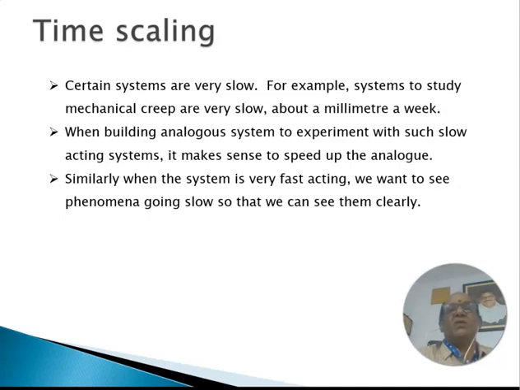In such a case, we want the electrical analog to be very fast. So if we want to study the phenomenon of creep and how things are behaving in a mechanical system, we can build an electrical network consisting of R, L and C, wherein the electrical system's dynamics are very fast.